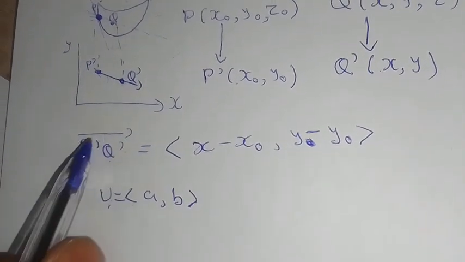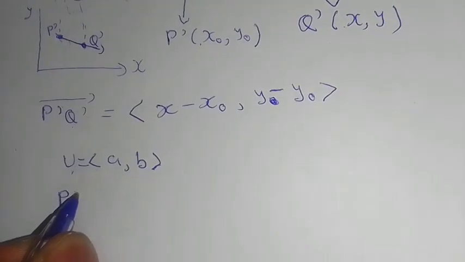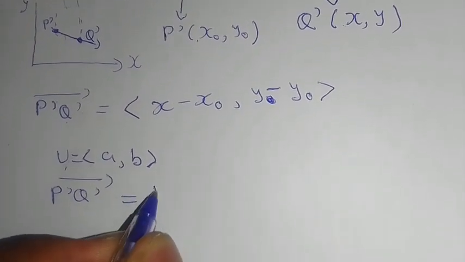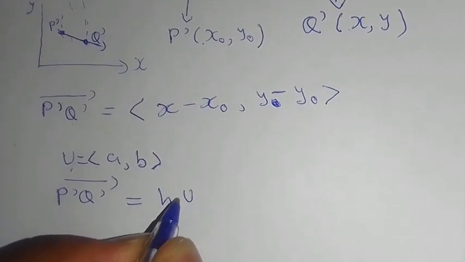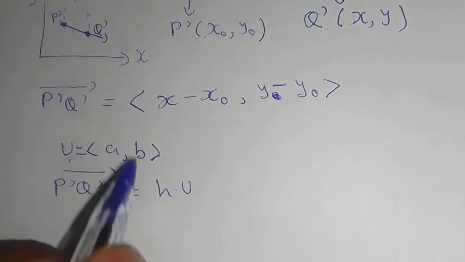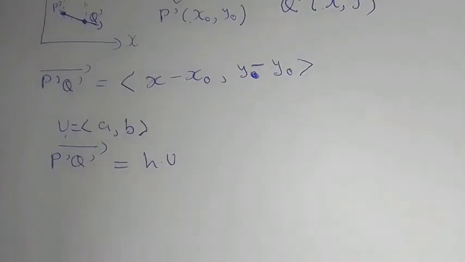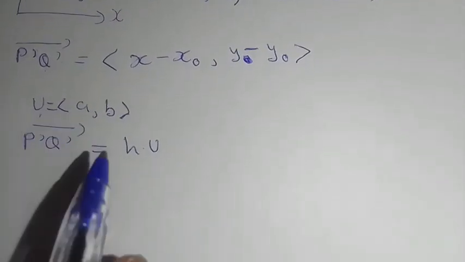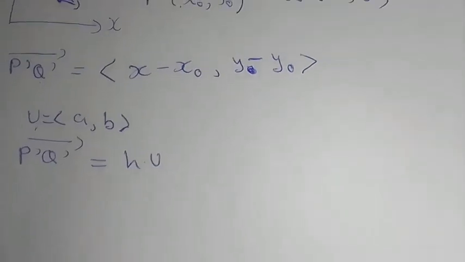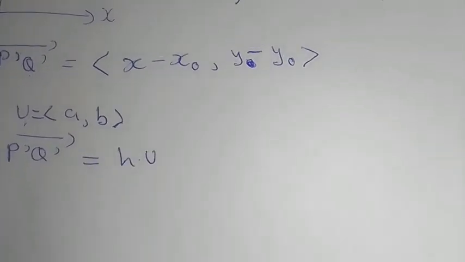If our unit vector is parallel to this one, that means we can express the vector P prime Q prime as a scalar multiple of u. A scalar multiple of our unit vector will give us the vector P prime Q prime. That's just a definition from 1644. Check those videos out if you still don't understand parallel vectors, because those are basically the introduction to that.